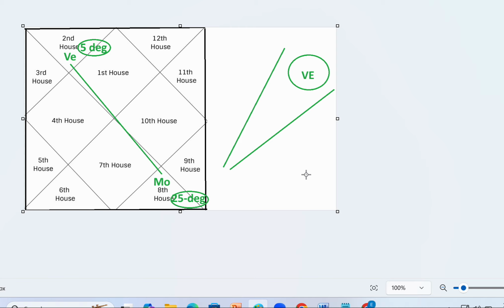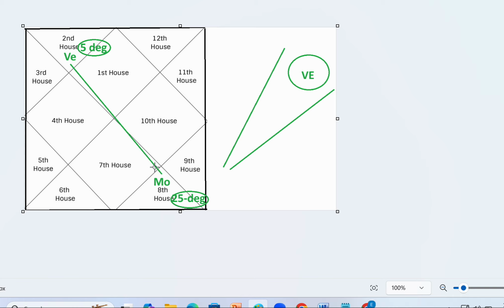When the drishti falls, the DNA of the planet changes. With a 0 degree conjunction, meaning 0 degree drishti, like 25 degrees Moon and 25 degrees Venus, this will have an extremely powerful effect on each other. When drishti falls, the DNA of the planet changes.